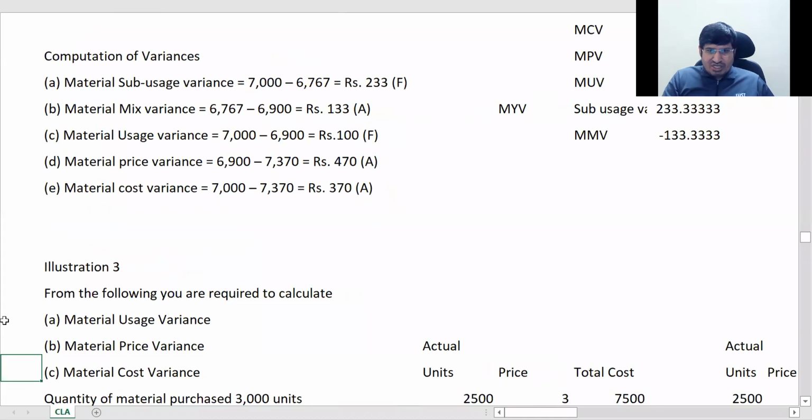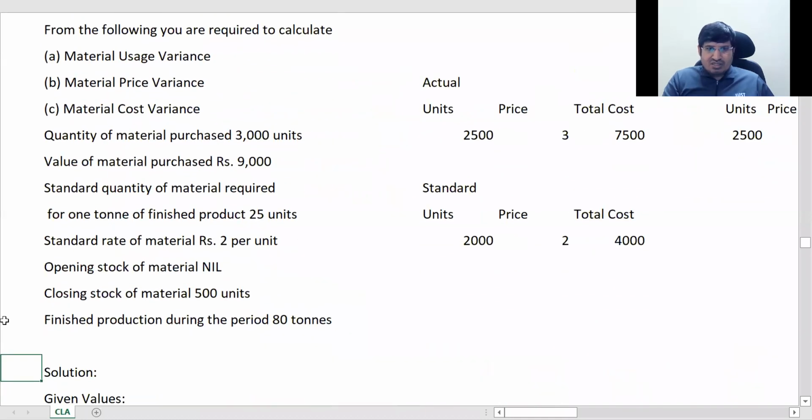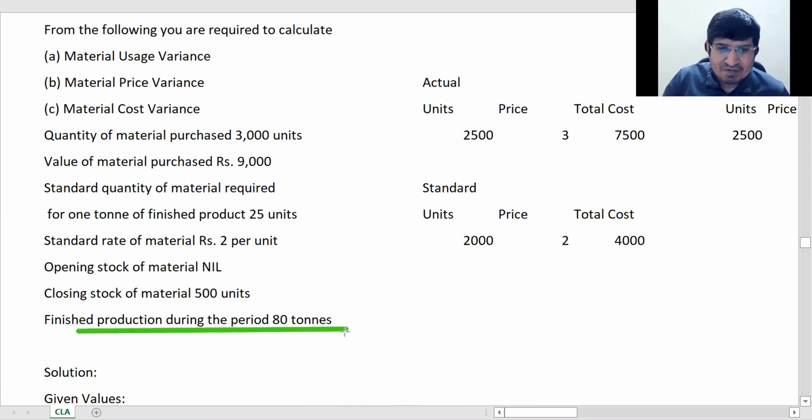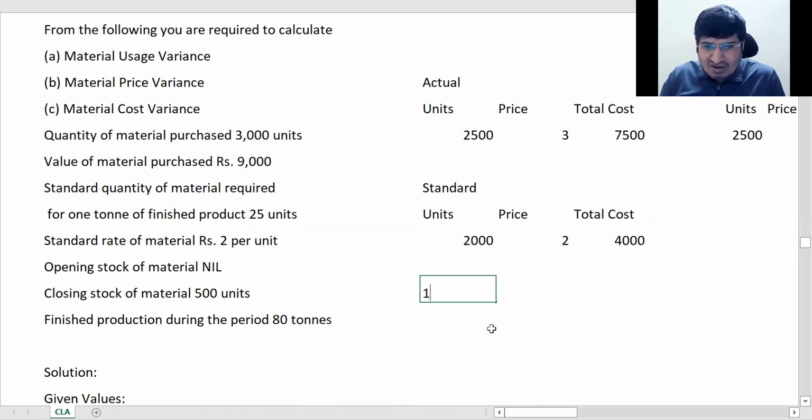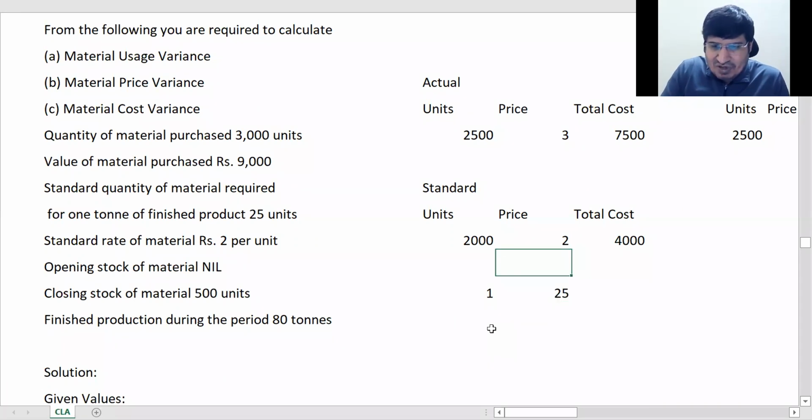Last question, this 2000. Here they have given us that finished product is 80 tons. And here we know that 1 ton of finished product needs 25 units. So for 1 ton of finished units, I need 25 units input.